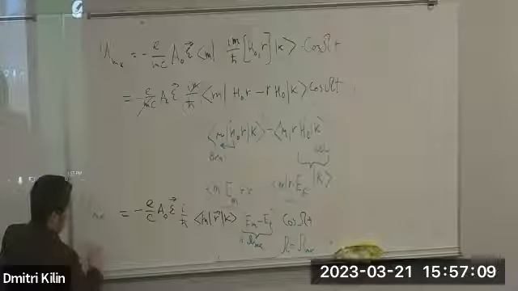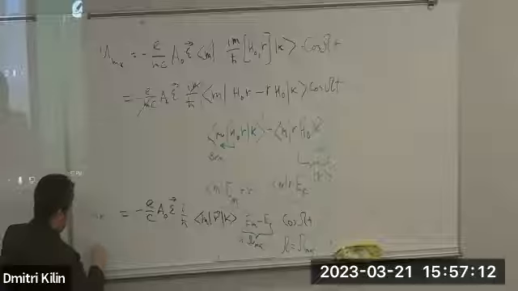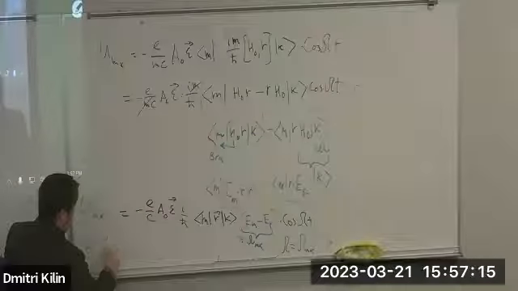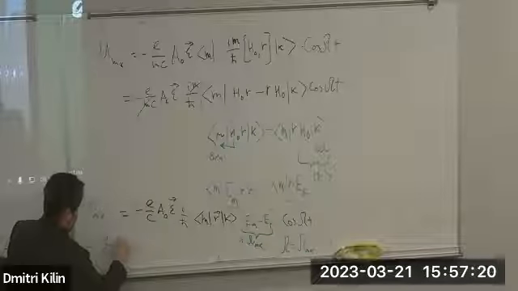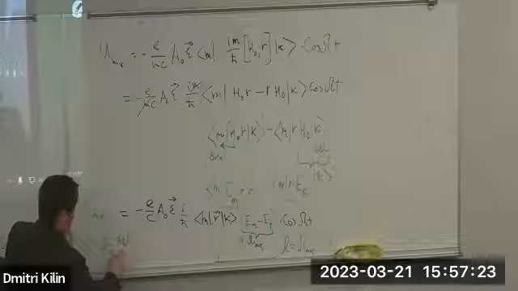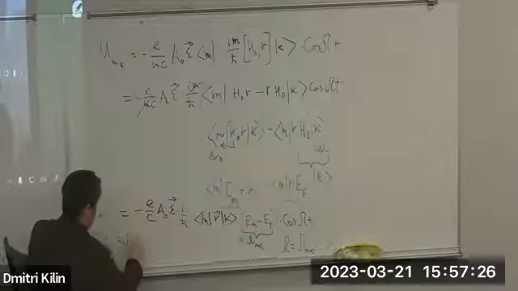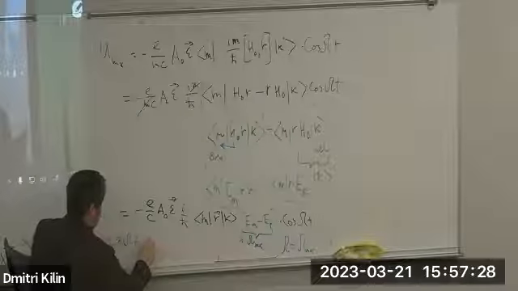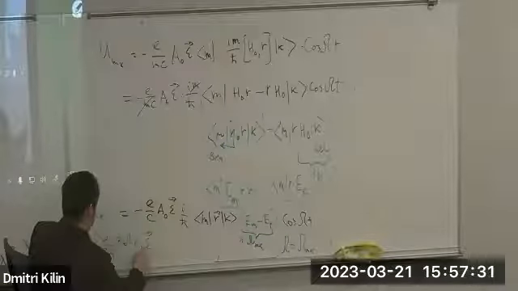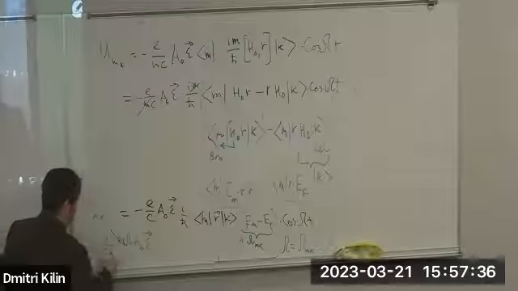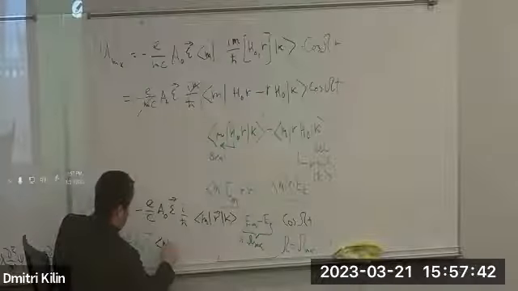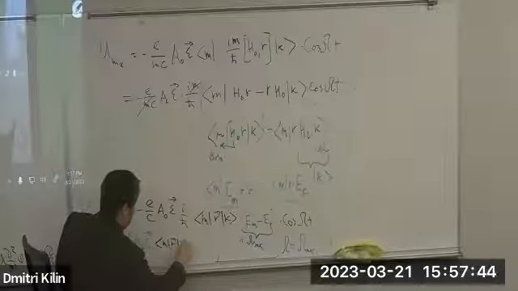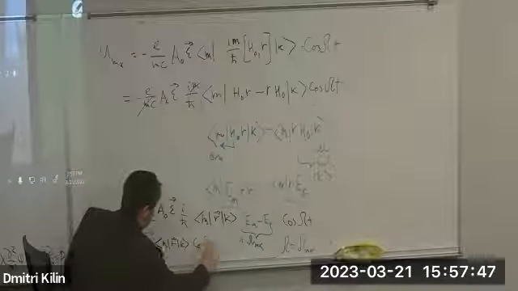And then we are getting all these factors: ω, A₀, polarization vector. ħ will cancel, the imaginary unit stays, ⟨m|r|k⟩ sine ωt.